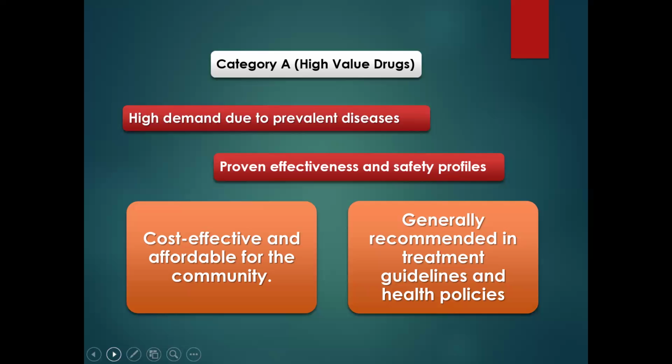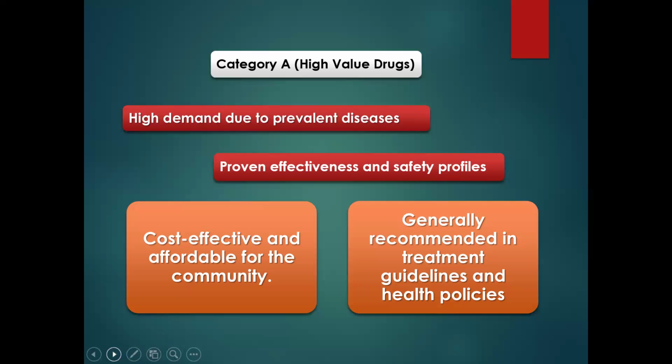So we're going to look at the first category, A, known as high-value drugs. These are drugs that we consider essential for treating most of the conditions within the community, and as such, these drugs must be available always. What are the characteristics that would make you say a drug belongs to category A? One, the drug must be in high demand due to prevalent diseases.